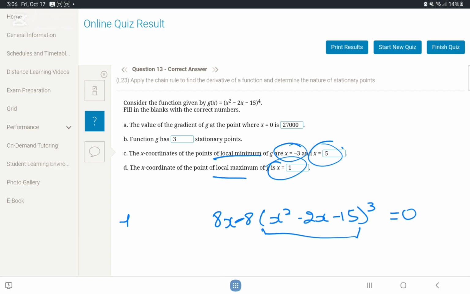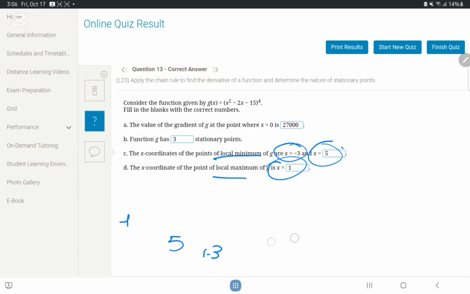So 1, negative 2, negative 15, multiply 3, and you will get 5 and negative 3. Now, let's put it in ascending order. Negative 3, 1, 5.